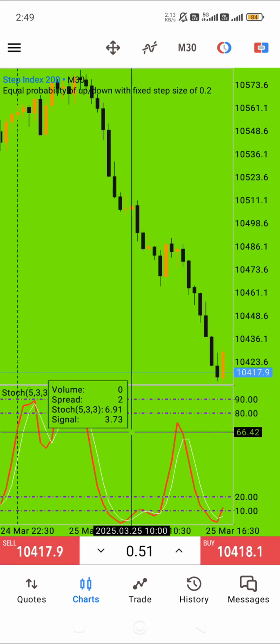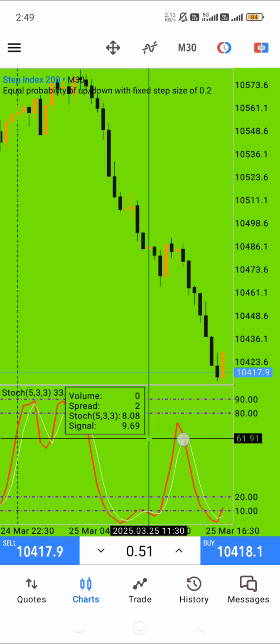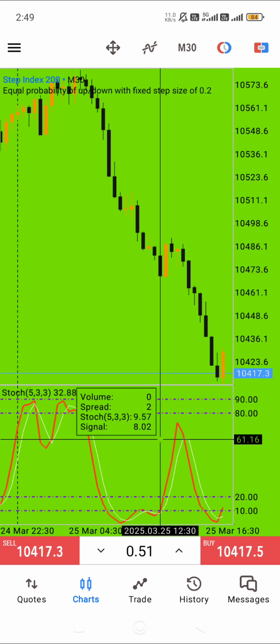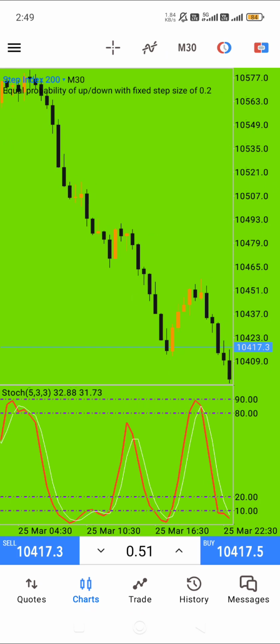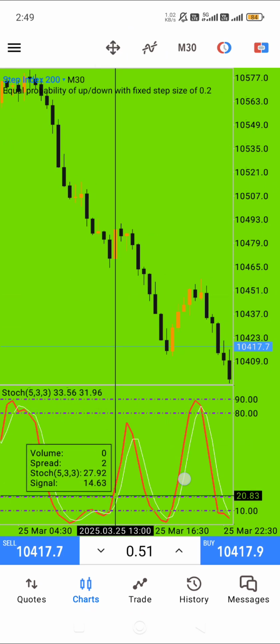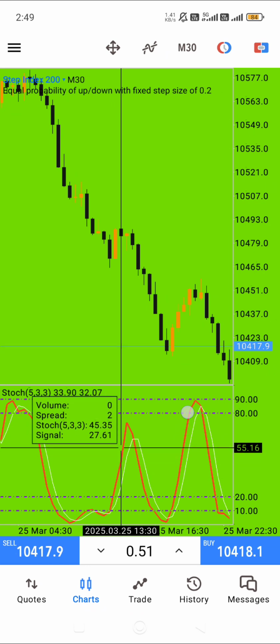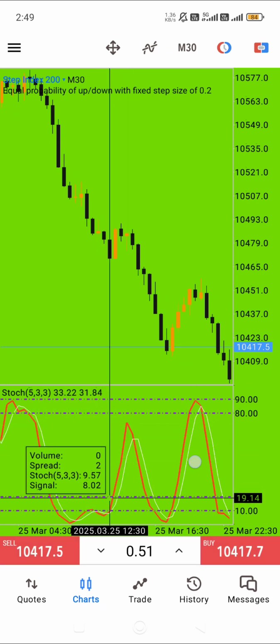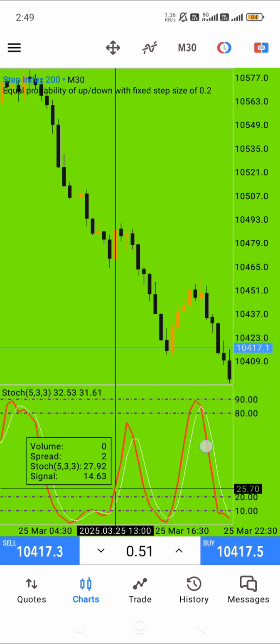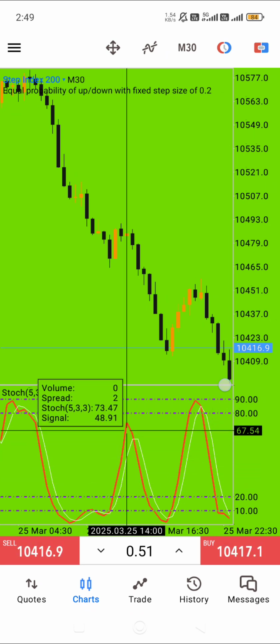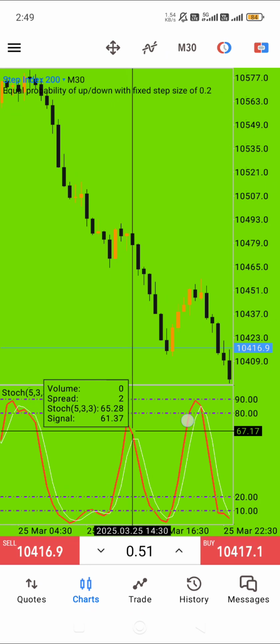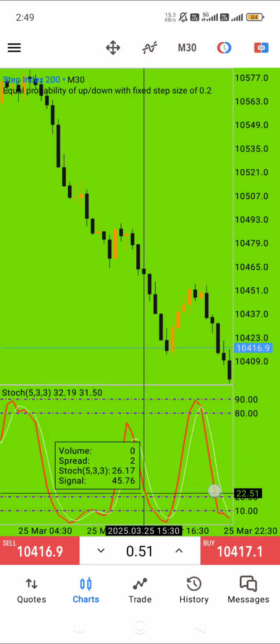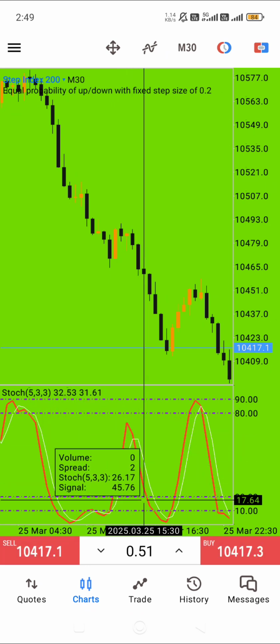But here 10 and 20, this is oversold, but the market will have a downfall because it is not confirmed here. Just check here, it crosses 10 and 20, the market will go up a little bit, then the market also goes down. You can trade here, carry some points, then you can exit, but the market again turns and crosses into a strong sell position.